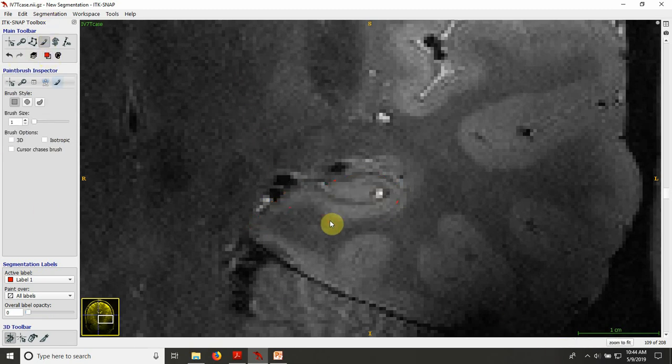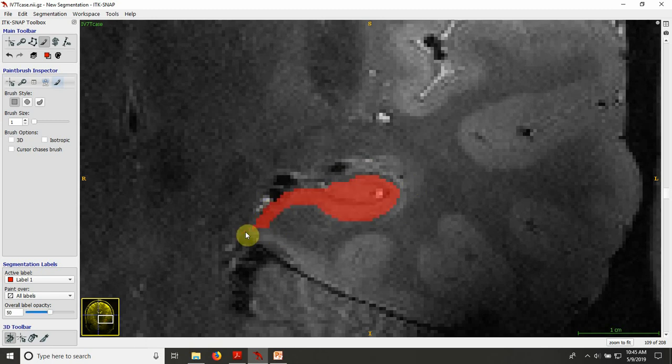So the first thing that I'll do is actually clean up the segmentation. A number of the rules for the other subfields can depend on the outer borders of the hippocampus, so it's therefore important that these outer borders are correct before we move on to the next thing.